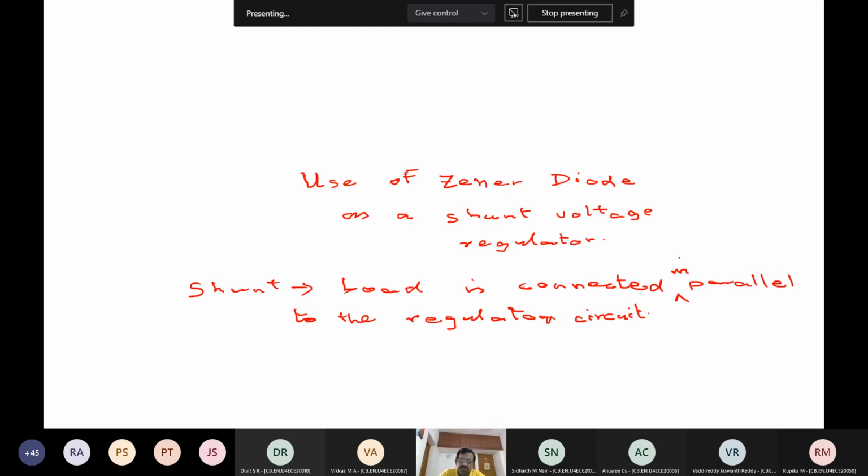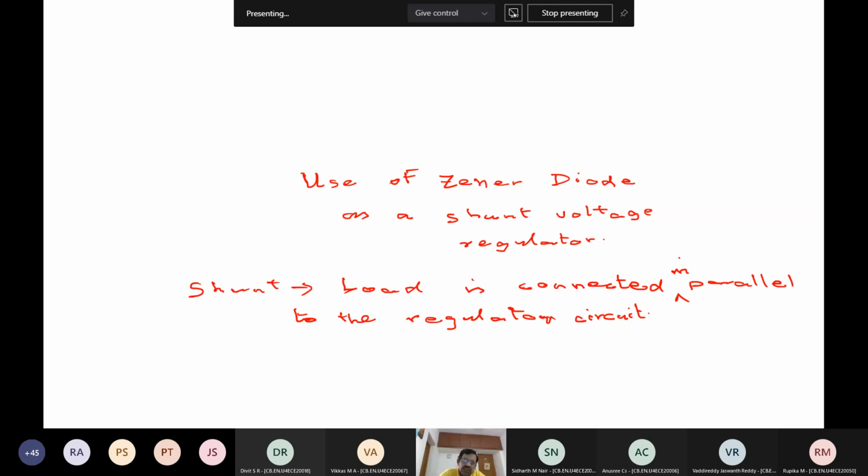So this is the concept. Now we already know that for voltage regulation you require constant voltage, and that constant voltage could be affected by the power supply ripple.